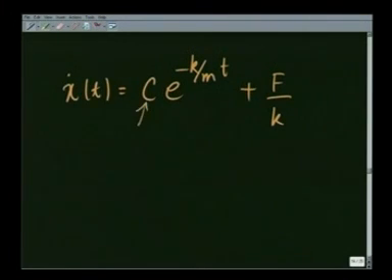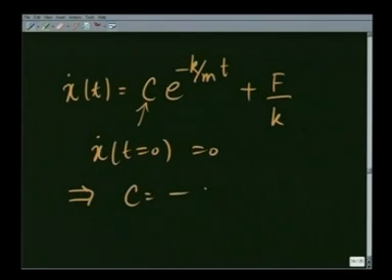This constant c is again determined by the initial condition, which is that initially the particle was at rest, and therefore I get c equals minus F over k.